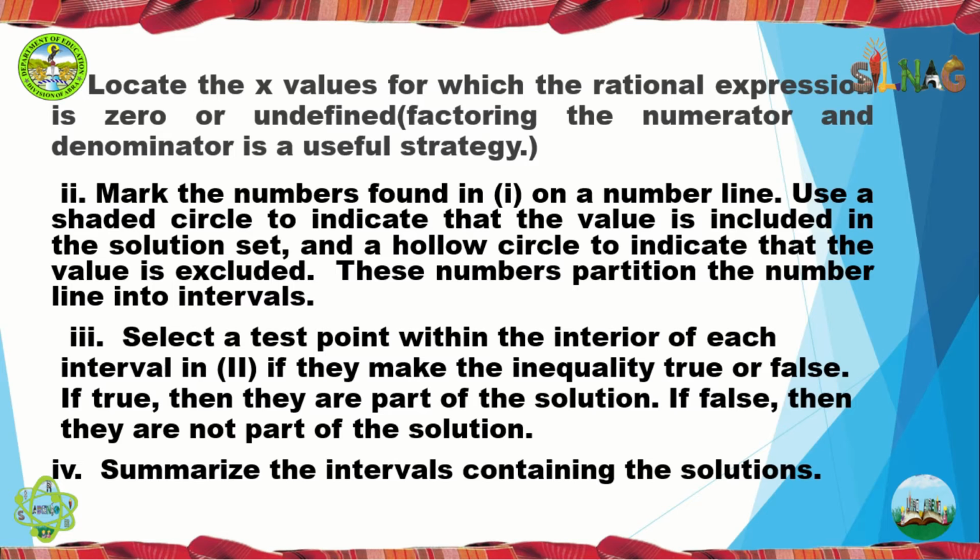Factoring the numerator and denominator is a useful strategy. Next step, mark the numbers found in the first step on a number line. Use a shaded circle to indicate that the value is included in the solution set, and a hollow circle to indicate that the value is excluded.